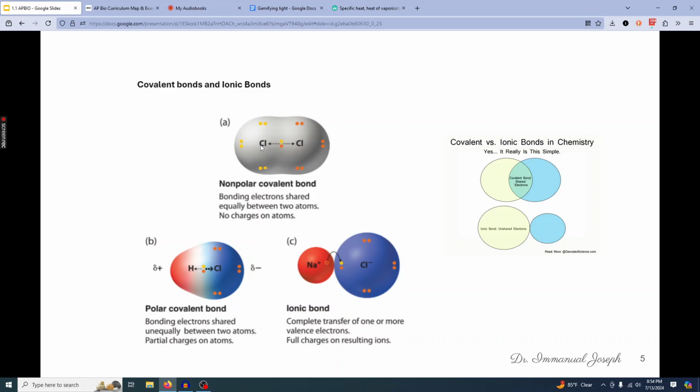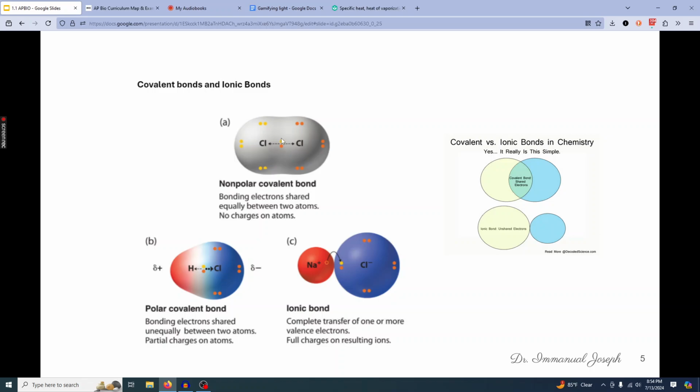So if you think of the nucleus of a chlorine atom, you have so many protons, and this chlorine atom also has the same number of protons. So both of them have the same electronegativity, which is the same ability to attract electrons towards itself. And so when they share an electron, these shared electrons are being pulled equally on both sides.